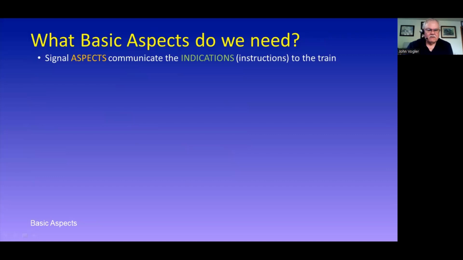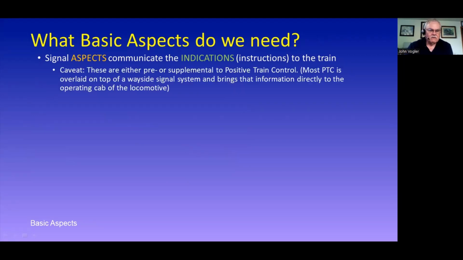So let's talk about the aspects that are going to communicate those indications. What's it going to look like to the train, or in our case, what's it going to look like along the model railroad? Now, what I'm going to develop today is mostly pre-positive train control rules, or where positive train control supplements the existing wayside signal system.